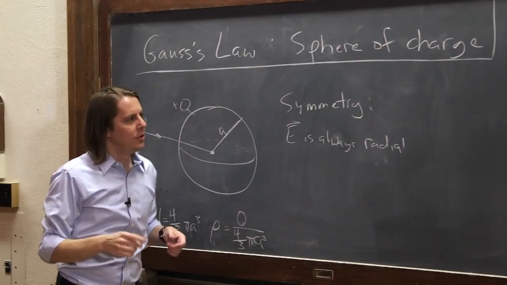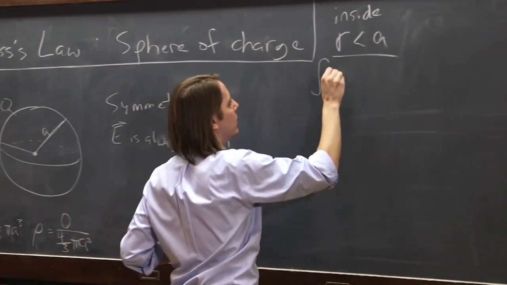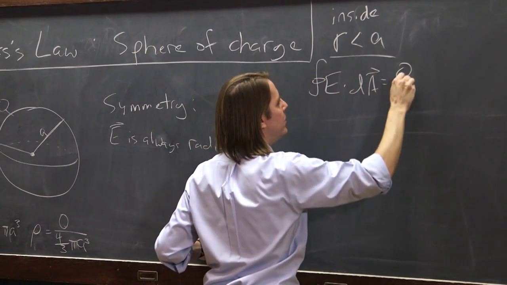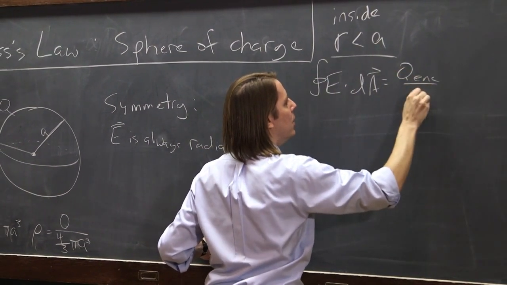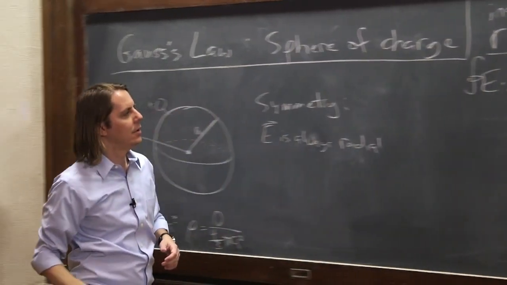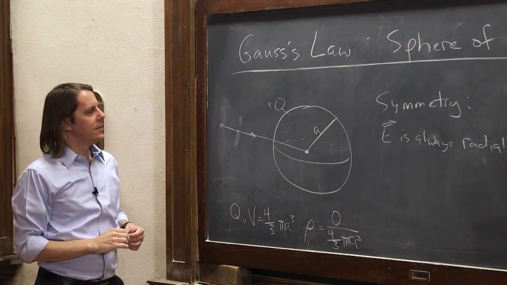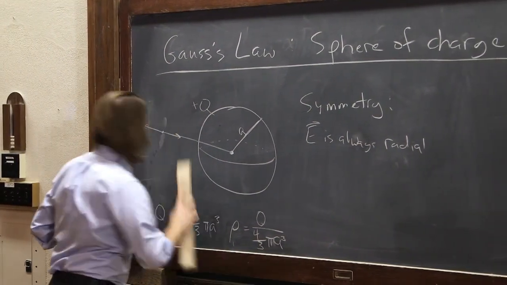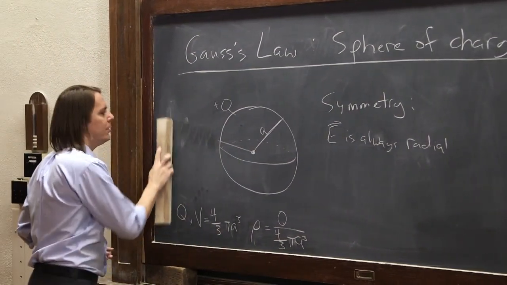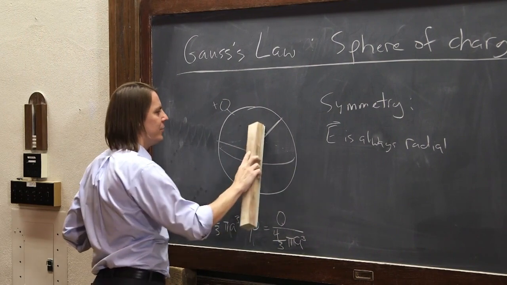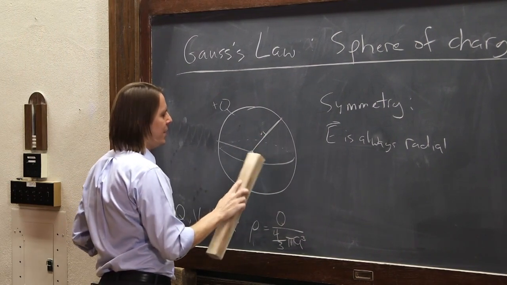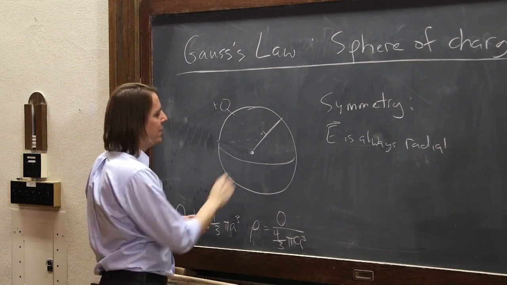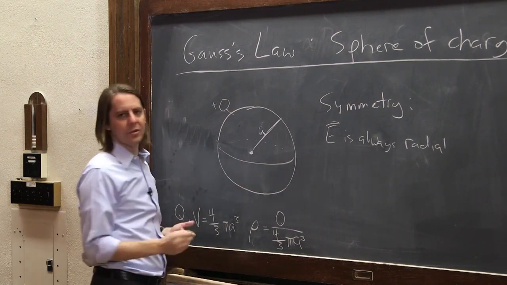All right, so let's apply Gauss's law. Integral of E dot dA equals Q enclosed over epsilon naught. I'm going to clean up my diagram a little bit here to make it clear. And we want to pick our Gaussian surface. We've already decided that we have spherical symmetry, so as you can imagine, we want to pick a spherical Gaussian surface.